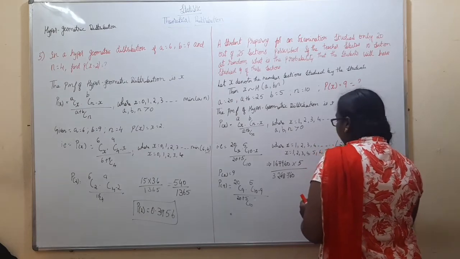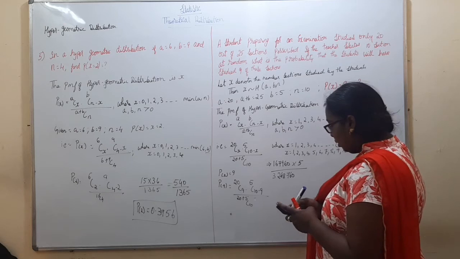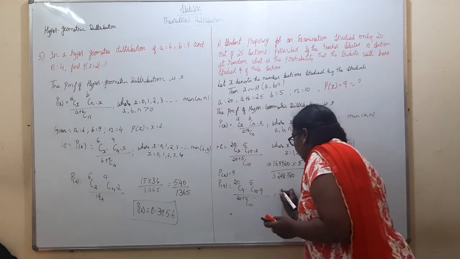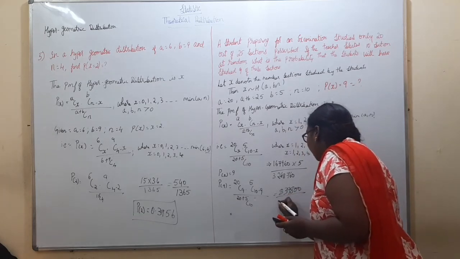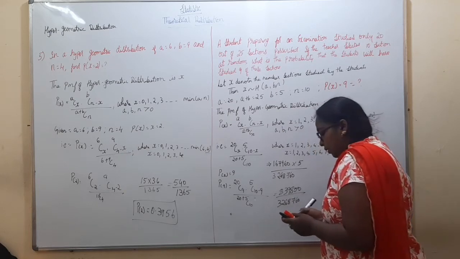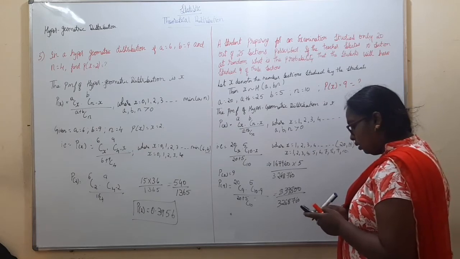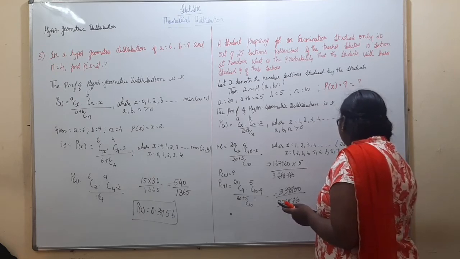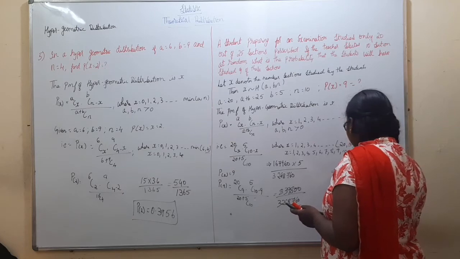Then multiply this one with 5: 167960 into 5. I will get here 839800 divided by 3268760. So here I will get my P of x is 0.2569.